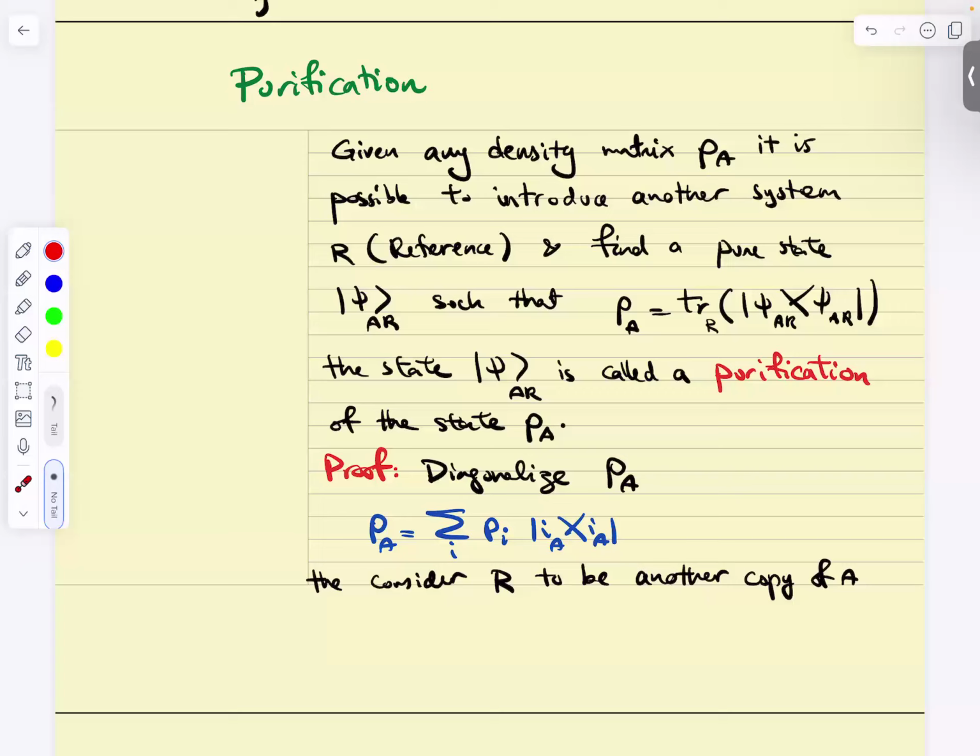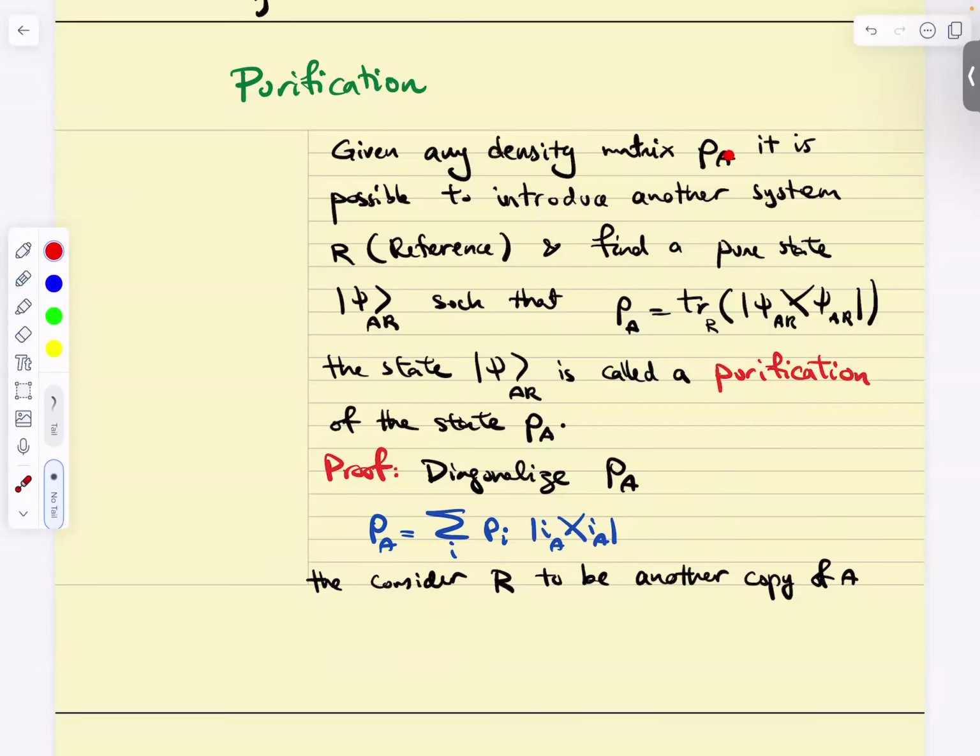This is the reverse process. We started with a pure composite system. The reduced state was mixed, right? Now you're given an arbitrary mixed state, and you imagine somewhere in the universe is the purification of your state. It's a thought, meaning that, well, actually, it has a physical consequence, but given any density matrix, here's a math statement.